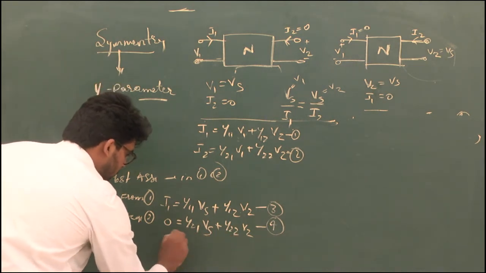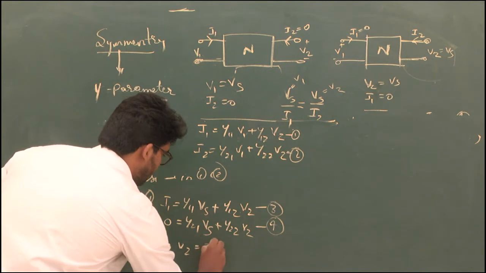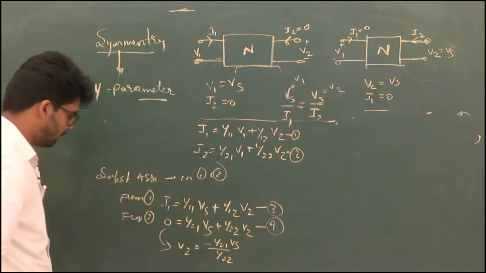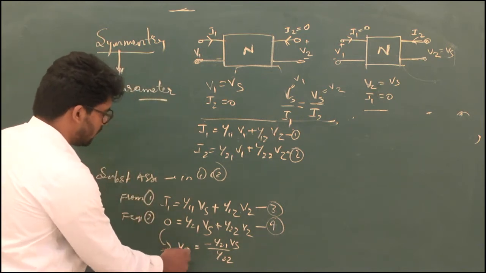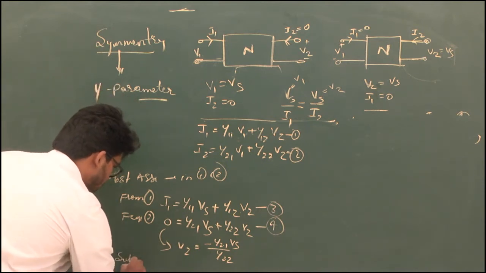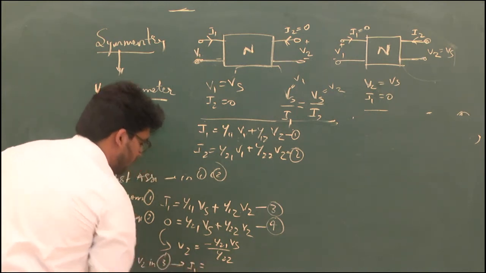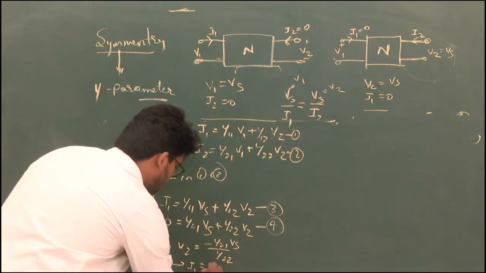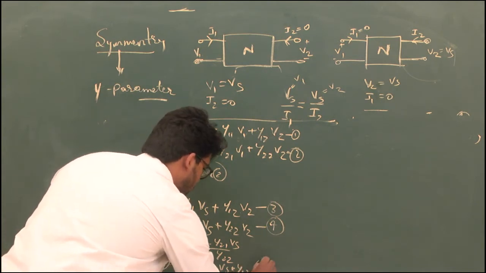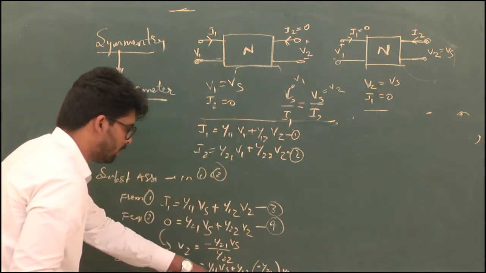So from 4, this can be reduced to V2 equal to minus Y21 Vs by Y22. Substitute this in equation 3. So substituting V2 in 3, you get I1 equal to Y11 Vs plus Y12 times minus Y21 by Y22 Vs. Make Vs common here.